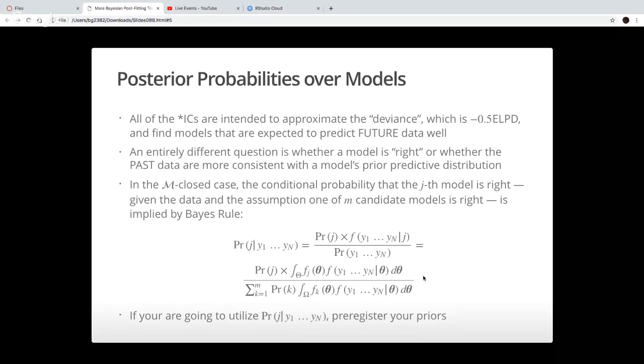Otherwise, you could easily get the posterior distribution and then say that was my prior, and you're going to look really good with one of these Bayes things, but you're not really following the rules, in the sense that your priors are not really what you believed before you saw the data. So if you're going to do this, pre-register.